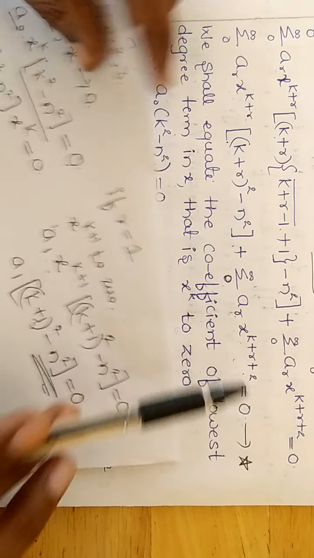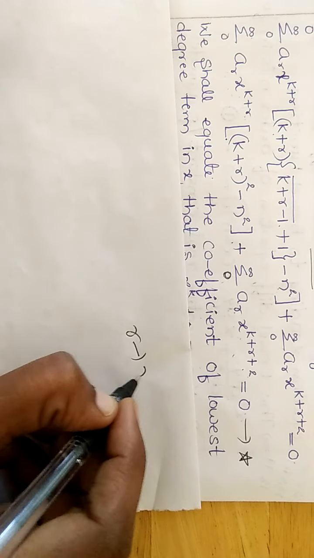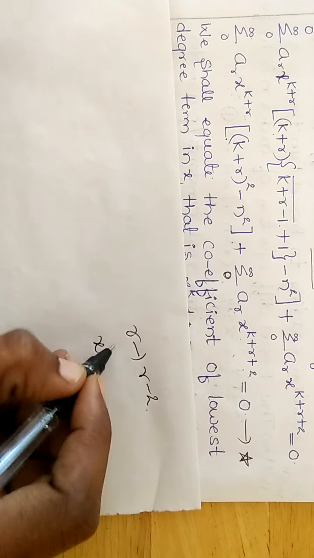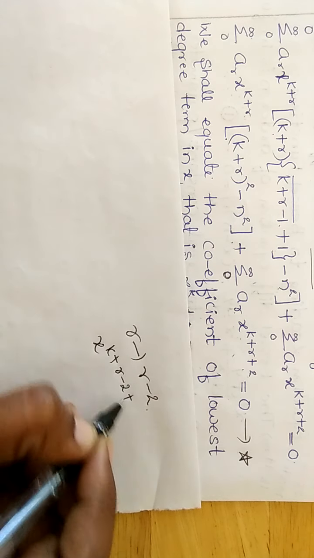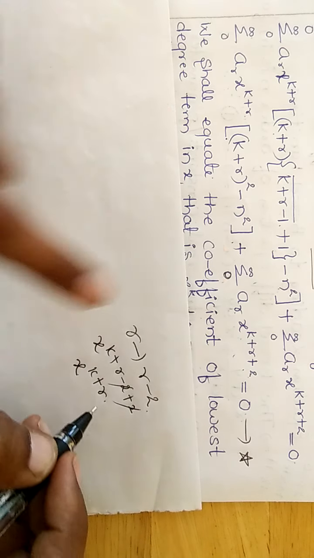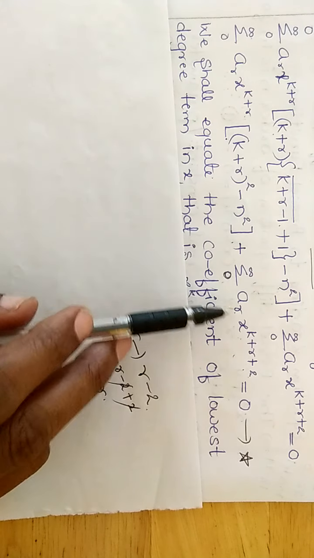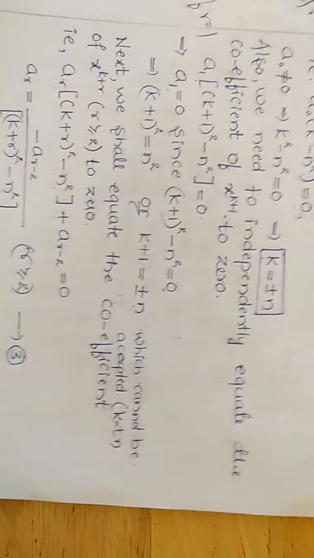So replace r with r minus 2, we get x to the power k plus r. What is the r? r is r minus 2 plus 2. We got x to the power k plus r. Here r is the r minus 2 value. Here r is only r.